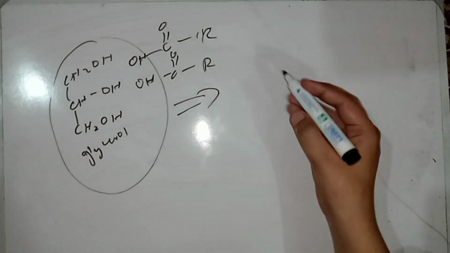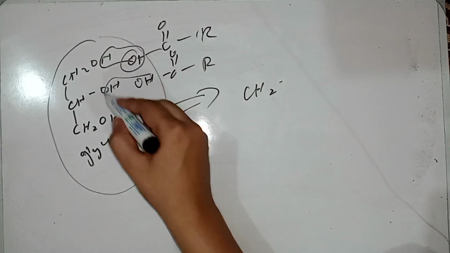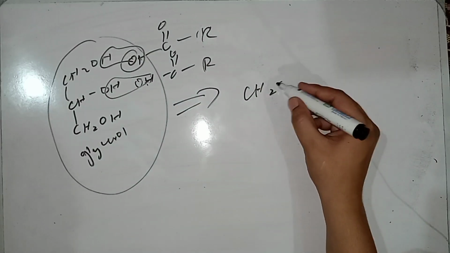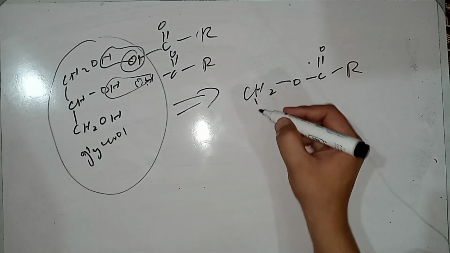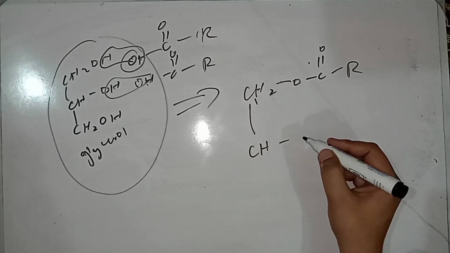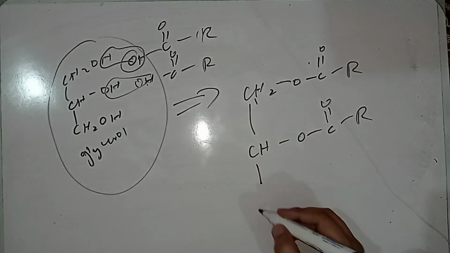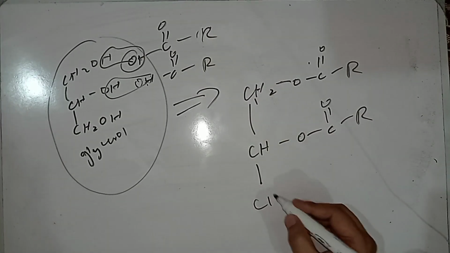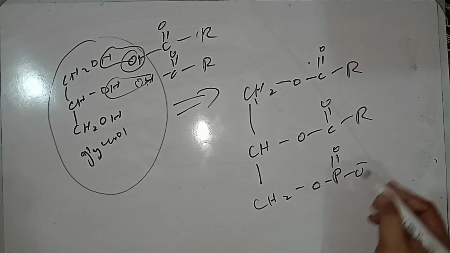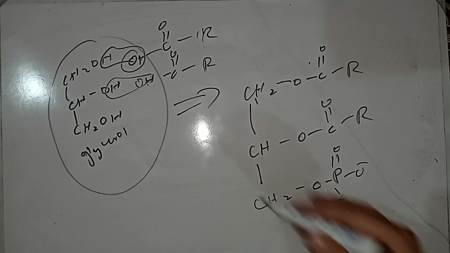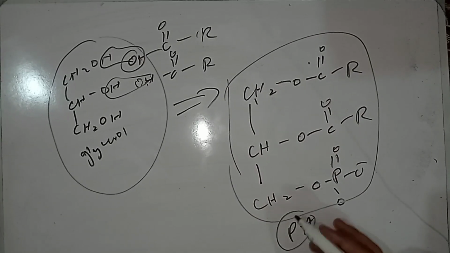Here it reacts, a water molecule is released, so it gets converted to CH2O, C double bond oxygen R, this is C1, and C2, CHO, C double bond oxygen R, and at C3 the compound that joins is phosphate. So this structure formed is called phosphatidic acid. You should know its basic structure.